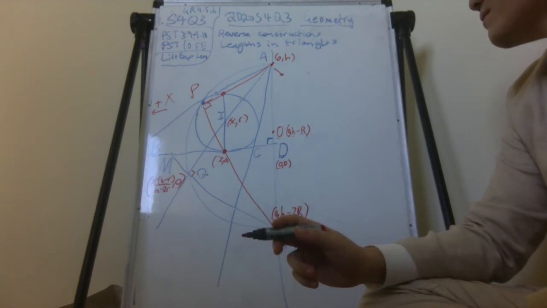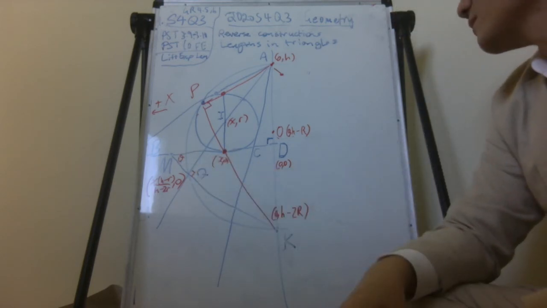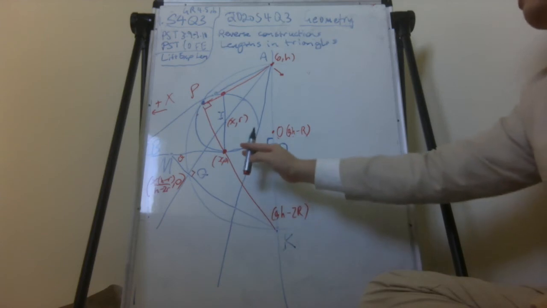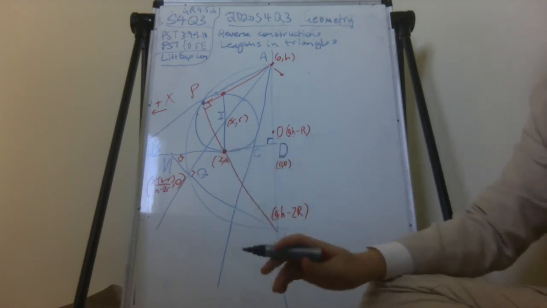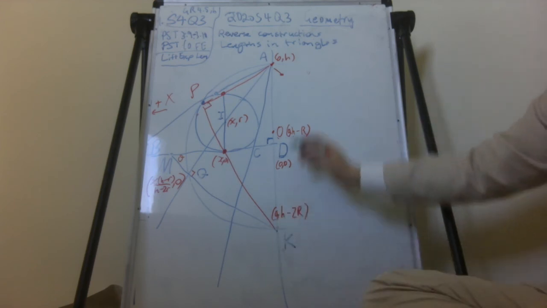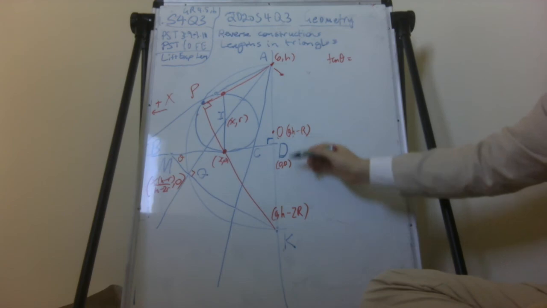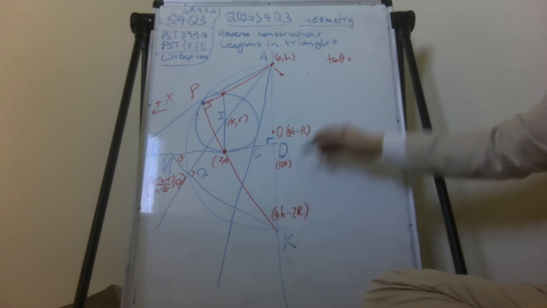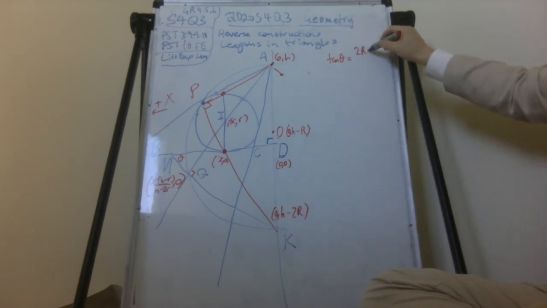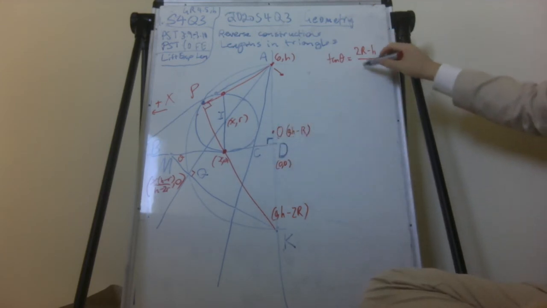For example, which is equivalent to saying because they're right triangles, the tan theta is the same. So here tan theta is equal to 2r minus h on MD.